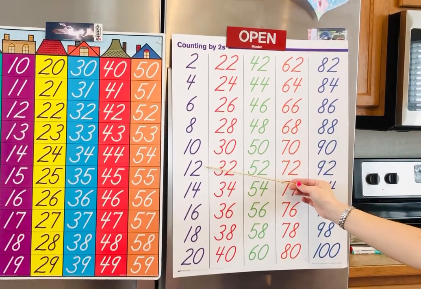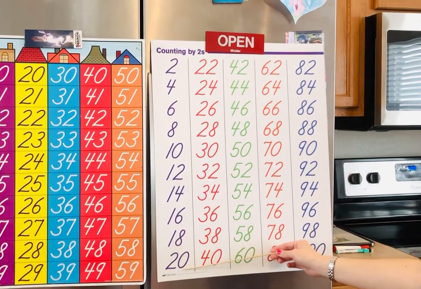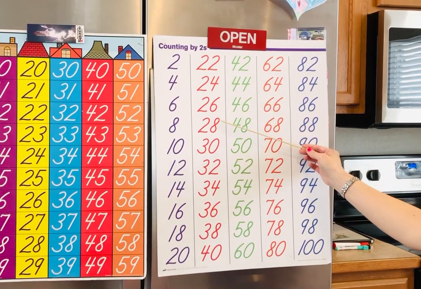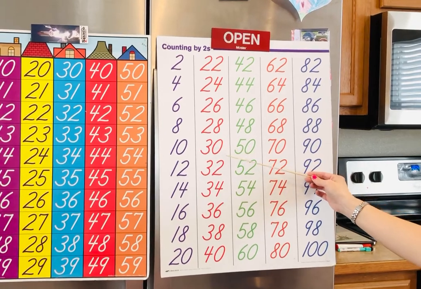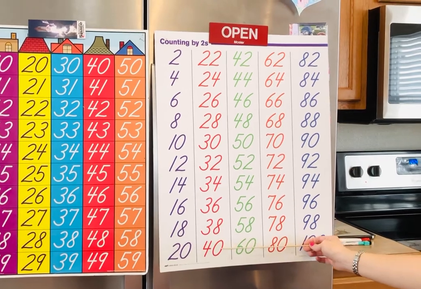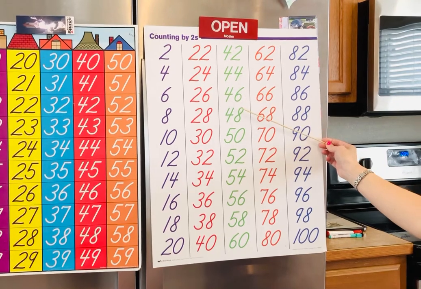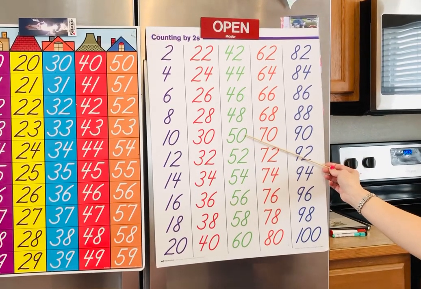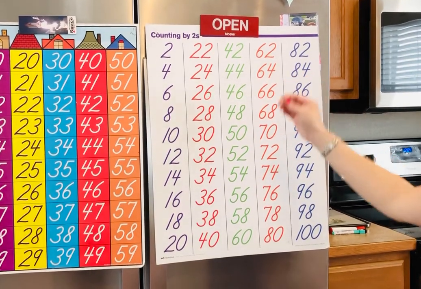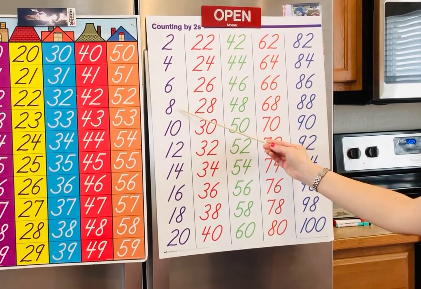Again, 12, 14, 16, 18, 20, 22, 24, 26, 28, 30, 32, 34, 36, 38, 40, 42, 44, 46, 48, 50. That's another way to count pairs of things, called skip counting, following a 2, 4, 6, 8 pattern.